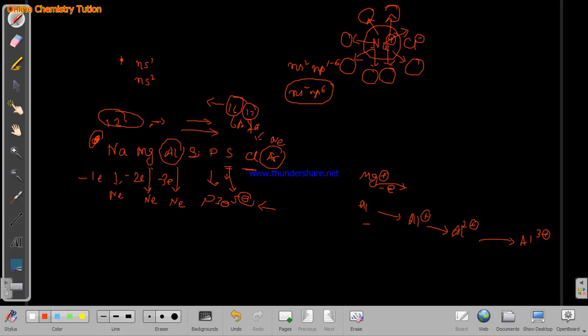So these ionic bonds have no directional effect. Anywhere in three-dimensional space the negative ion comes, and the number of negative ions that can be accommodated by a cation is termed the coordination number.